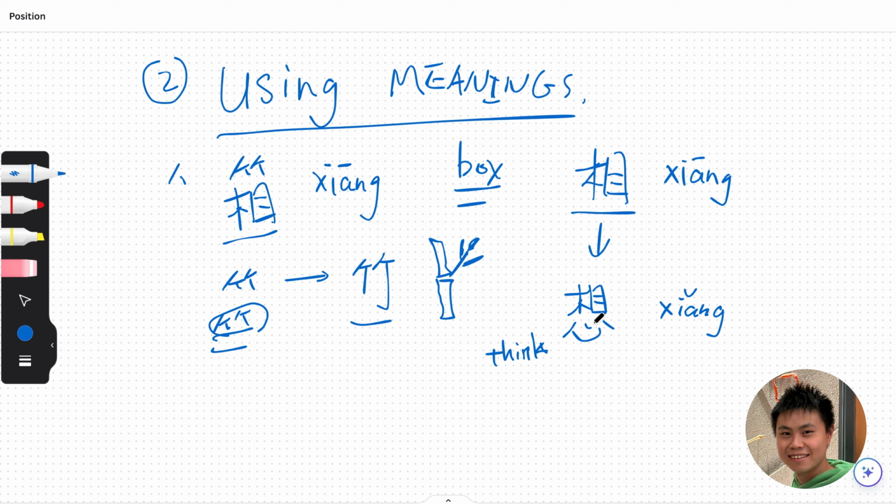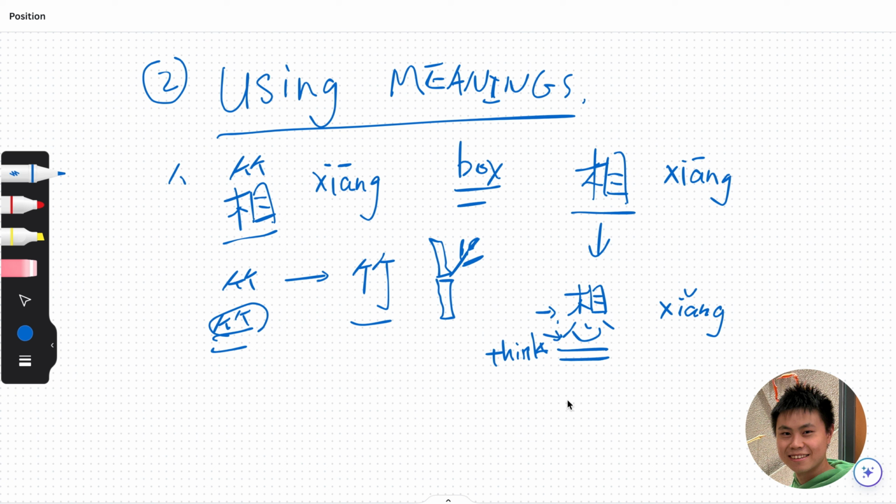And what do you use to think if you are in ancient times? In ancient times, they don't think that you use your brain to think, right? They think you use a heart to think. So it has a heart. You use your heart to think.